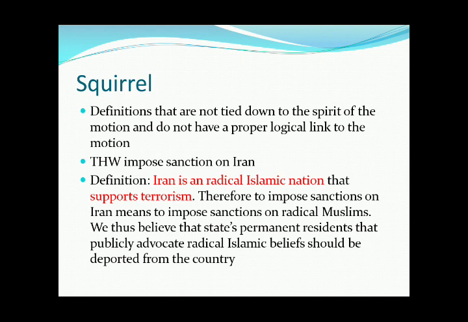And because Muslims support terrorism, it would be right to, for example, expel or reject all Muslims from entering certain nations. That is a squirrel. So you are not allowed to do that, because it doesn't reflect the motion. Okay, so that's all for today.